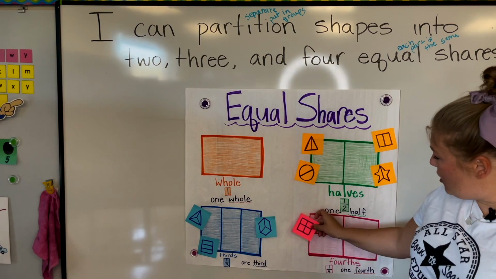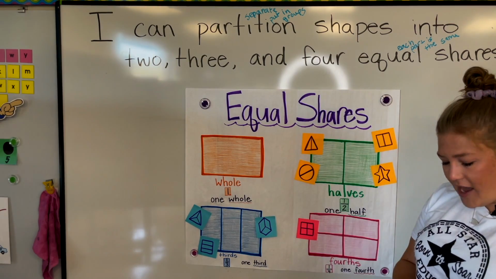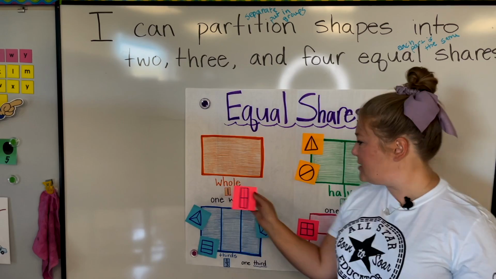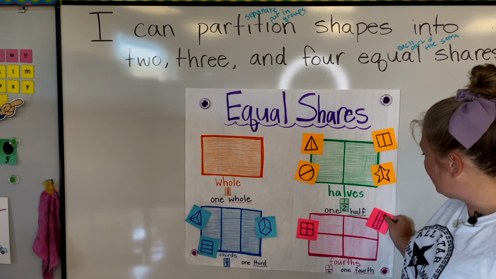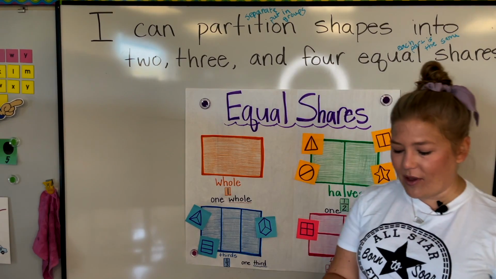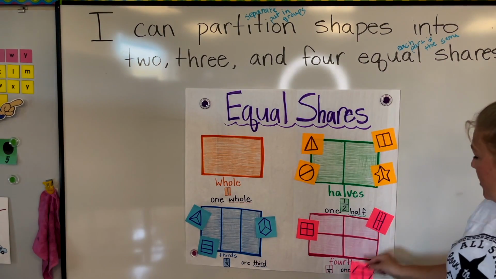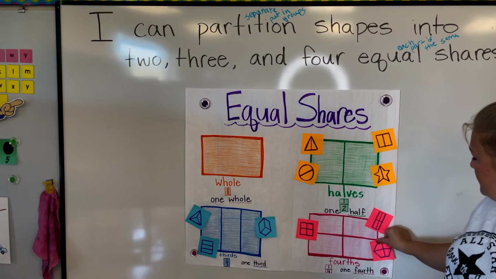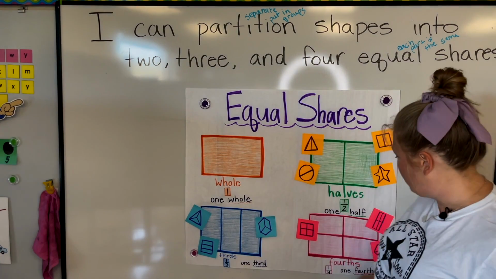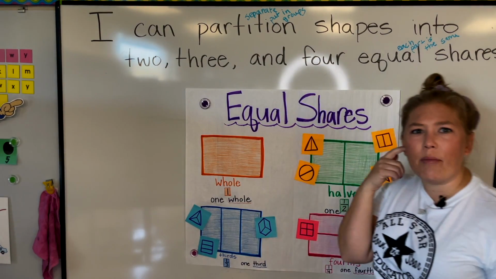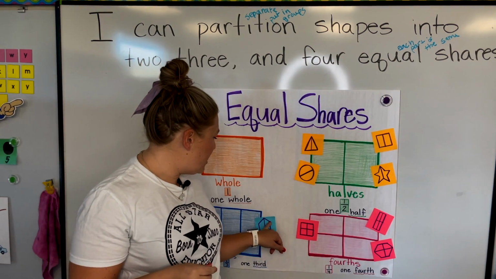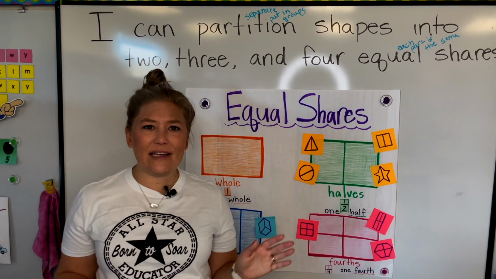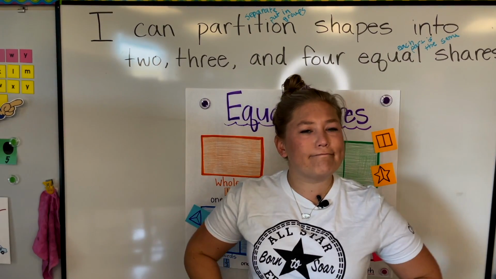I have a square, of course. I did a rectangle, but I did it in a different way, just so you could see it. The rectangle's turned on its side. And then also, again, we have a hexagon. Oh, and we have a hexagon right over here too. I think I called that a rhombus when I was setting it down. That's silly. Definitely a hexagon. 1, 2, 3, 4, 5, 6 sides.